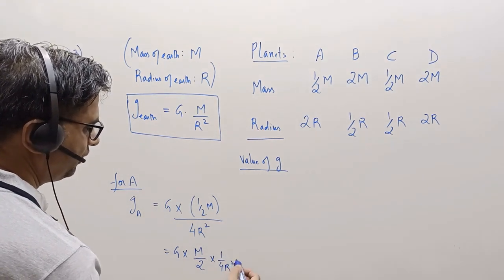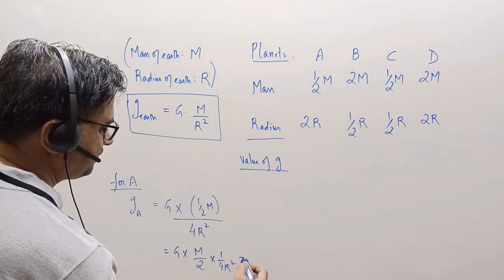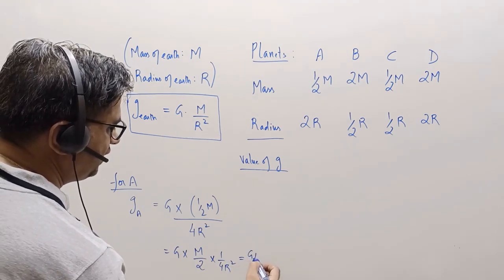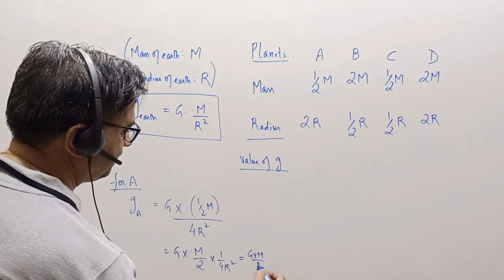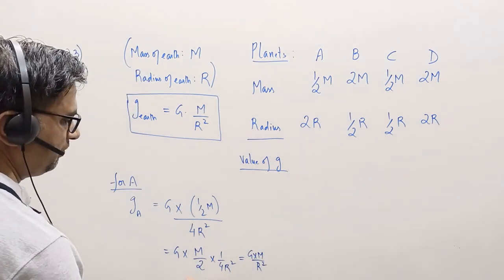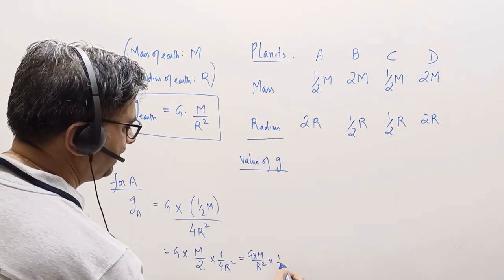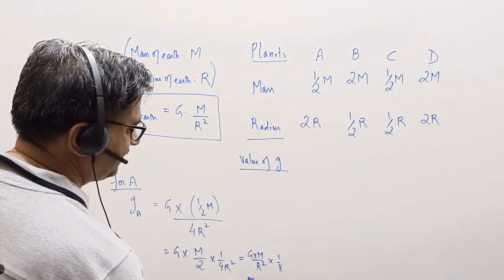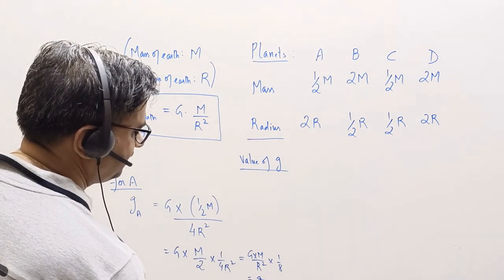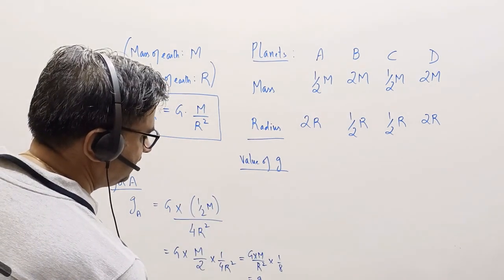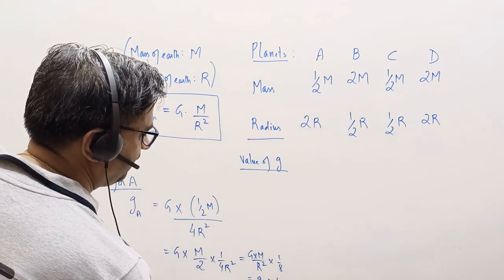So if you organize this, it comes to g into m by r square into 1 by 8. We know that this is the acceleration due to gravity of Earth, and this is 1 by 8.